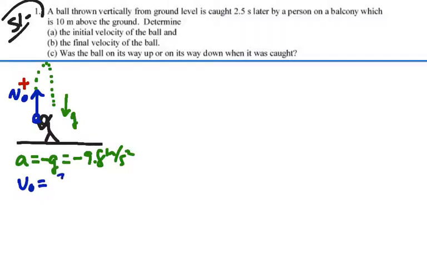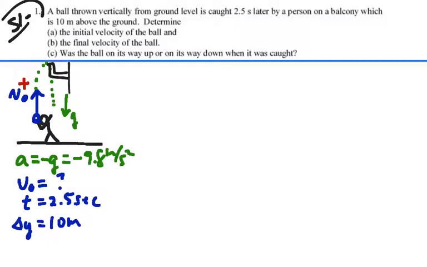We don't know what that is, but it's positive. Our time is 2.5 seconds. And what else do we know? We know that our displacement to the balcony is 10 meters. So our vertical displacement is going to be a positive 10 meters up to the balcony. So we haven't put the balcony in there.